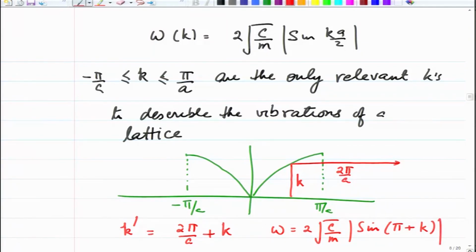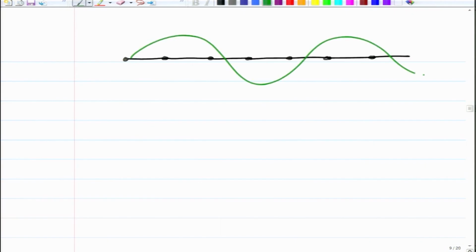What about the displacements? Let us look at the displacements. When I take these points and a particular k or a lambda, these points are displaced at a given time like this, which I am showing in purple.